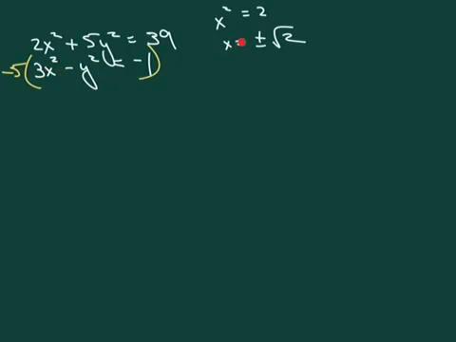In fact, right now I'm going to take x equals plus or minus square root of 2 and plug in square root of 2 here. And so I'm going to take just this 3x squared minus y squared equals negative 1. We're not going to worry about this whole 5 thing in the parentheses. Alright, so now let's put in positive square root of 2.